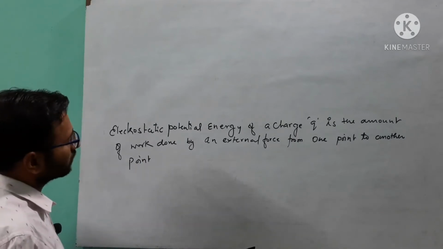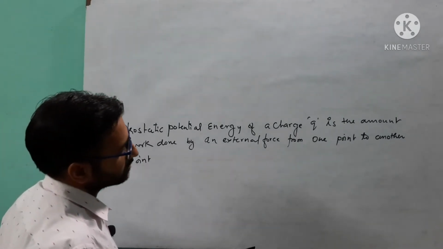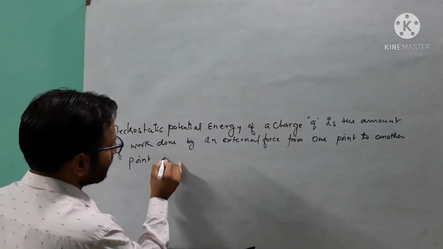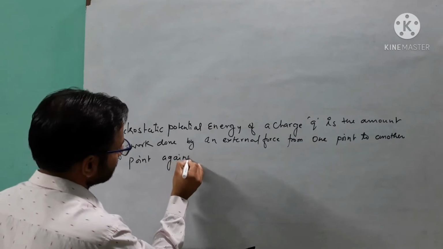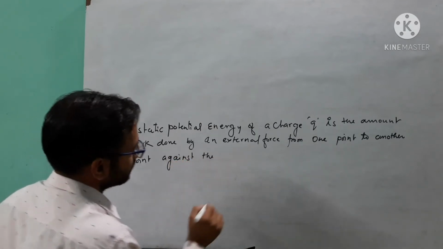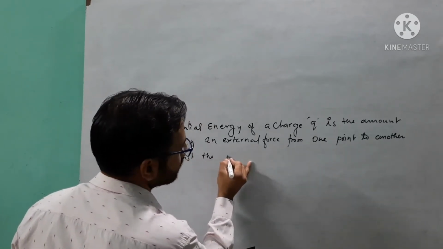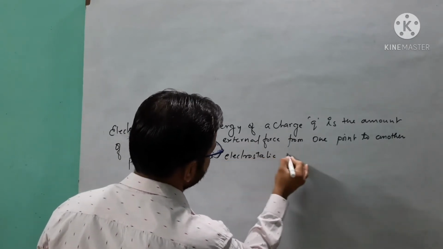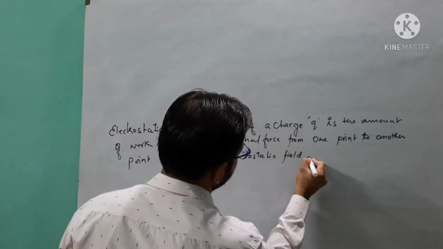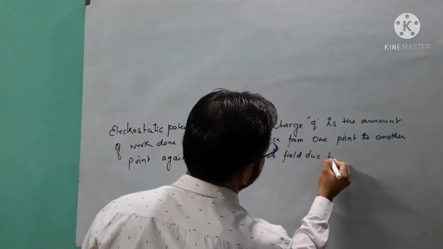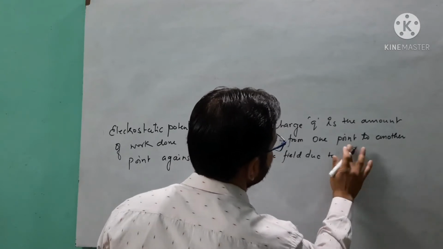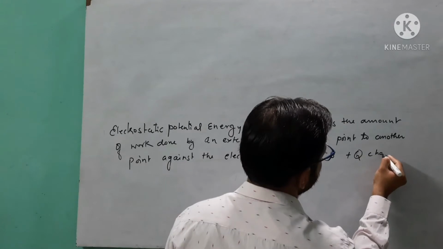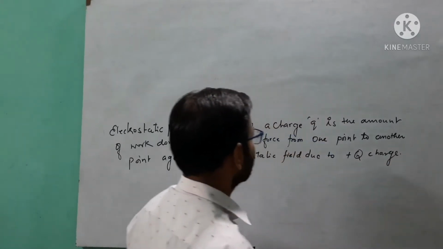The amount of work done by an external force from one point to another point against the electrostatic field due to a configuration of charge, or you can say plus q charge, which is already present initially.